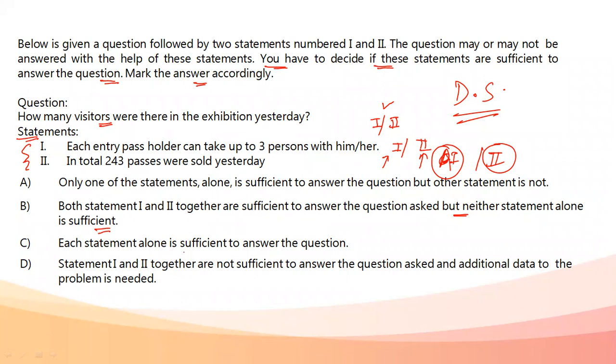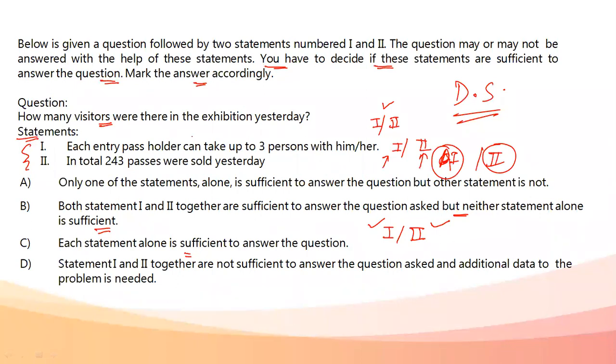But what is meant by C is there is some kind of information that is there in one, and there is some kind of information that is there in two. So either using first or using second, I'm able to get my answer. It's like both the options are going to give me my answer. Both the statements are going to give me the answer. In that case, I'll have to give the answer as option C.